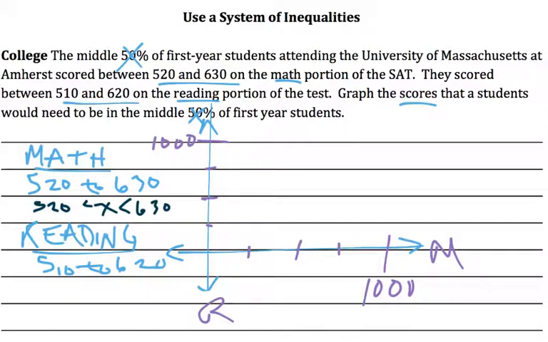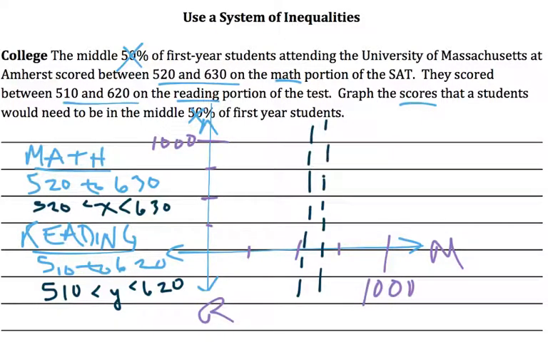And then the other one is going to be 510 is less than y is less than 620. So if I just deal with the math area, here's 520 to 630. I think that'll be accurate enough for our purposes.